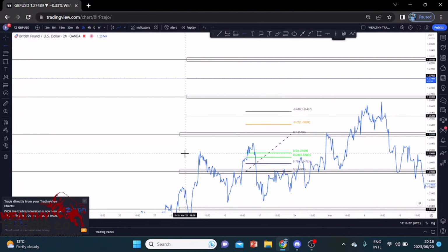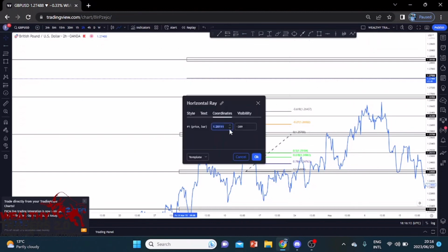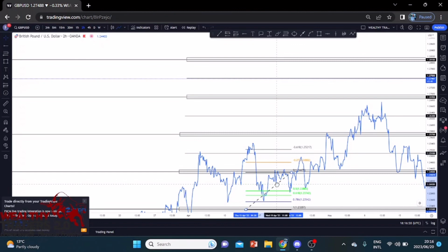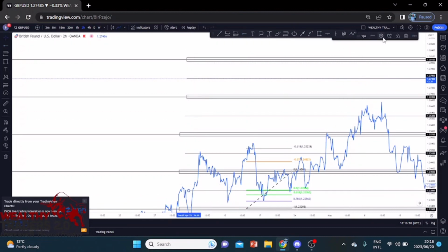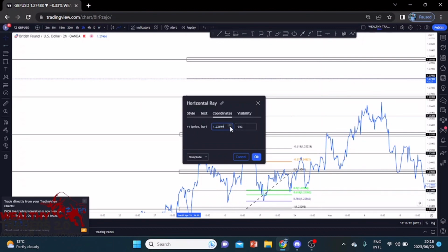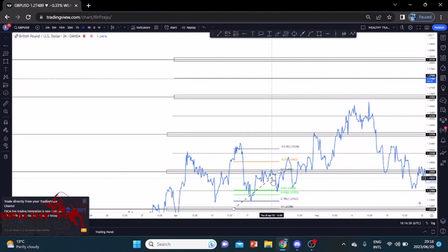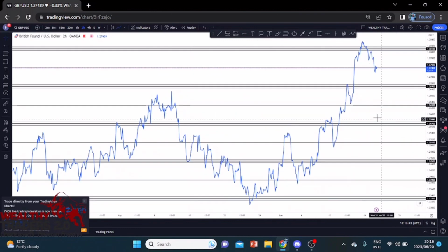It will help you understand the chart better and see that on this chart, my major or middle psychological level was violated, or held as a support or as a resistance. Then you know that your chart is moving nicely according to your analysis.